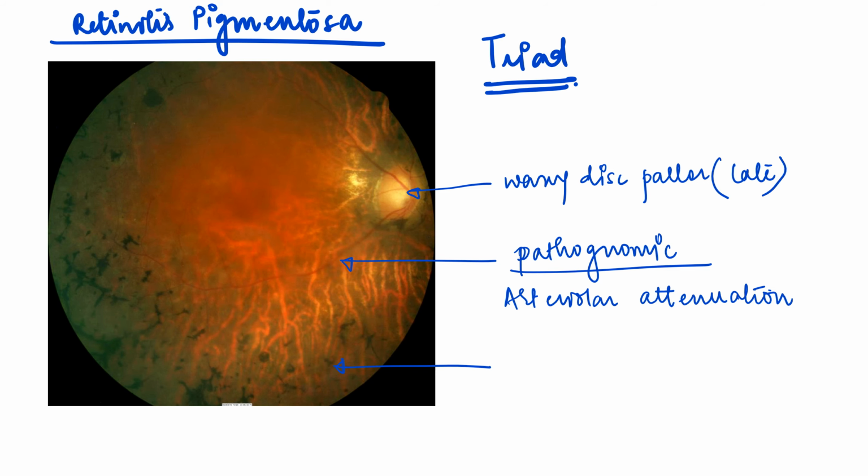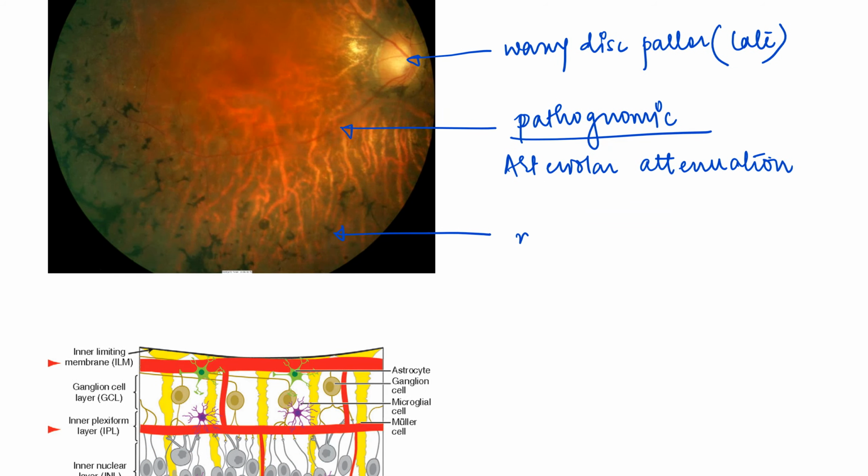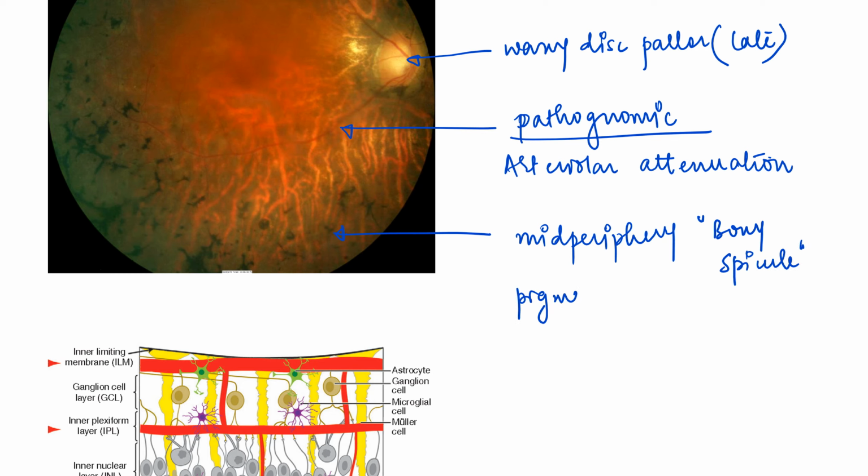And the striking feature is the mid-periphery bony spicule pigment deposition. So these three form the classical triad of RP.